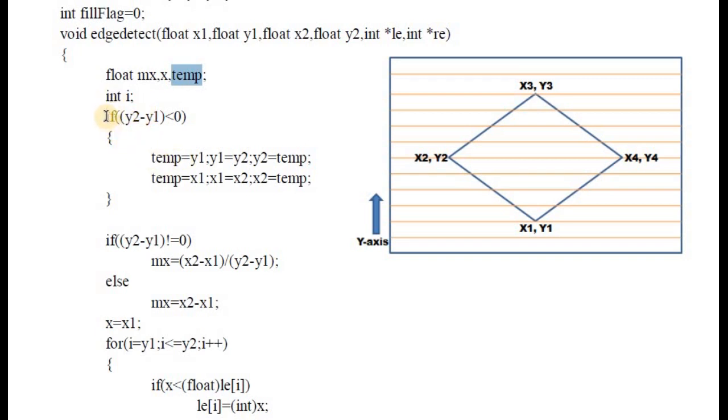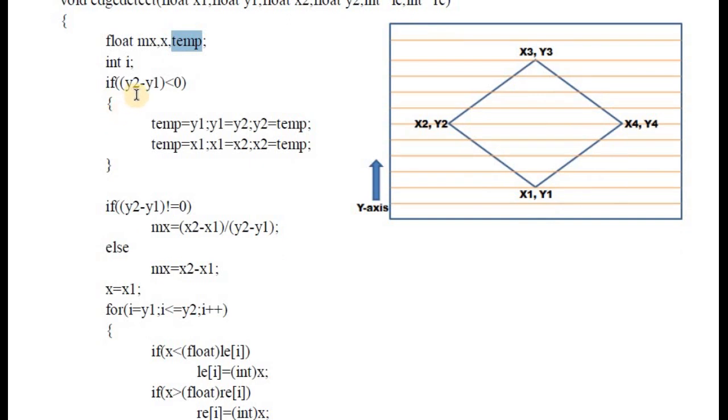If y2 minus y1 is less than 0, then you'll have to swap the values. That is, y2 should always be greater than y1. So if y2 minus y1 is less than 0, then swap y2 and y1, and along with that x2 and x1.